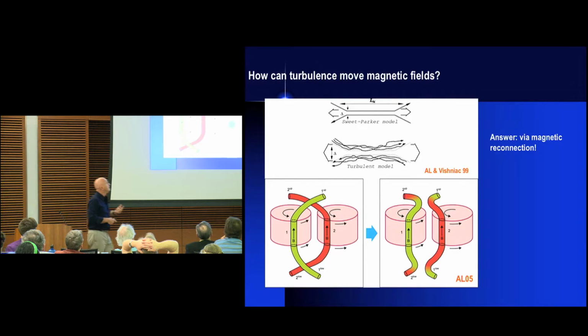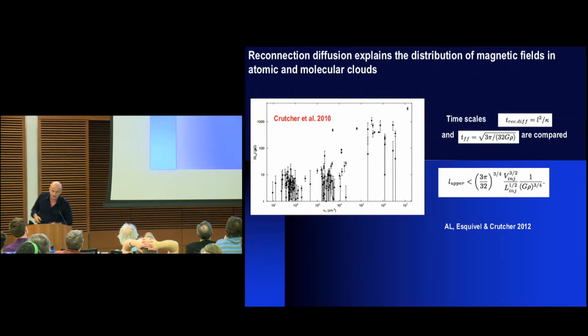By this process, we can exchange these flux tubes. And this is happening not only at one scale, it's happening at all scales of the cascade. So in this situation, we have an analog of diffusion. And in this case, we can address the problem that Dick Crutcher was showing to us.